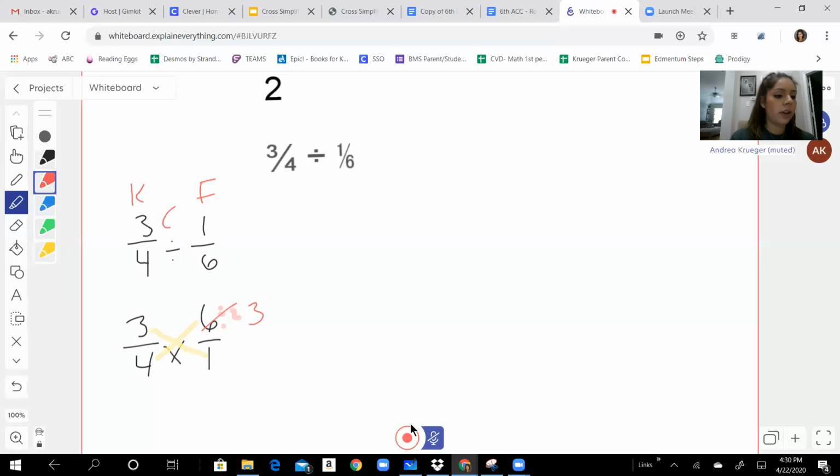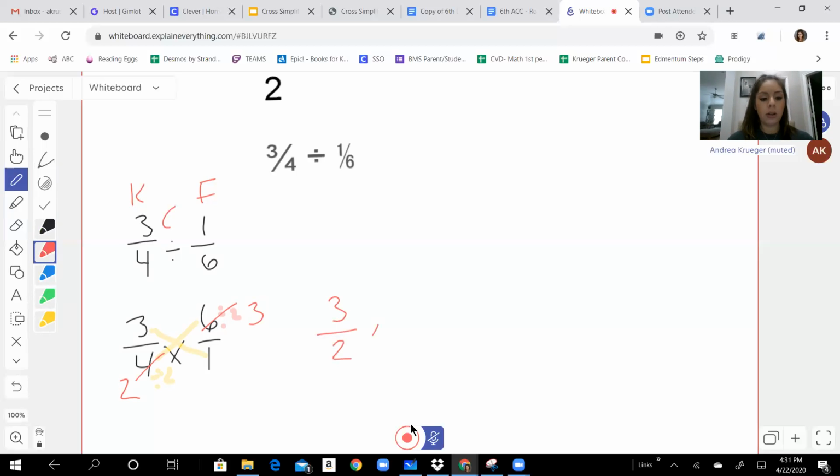And 4 divided by 2 would give me a new number of 2. So when you cross simplify, you get to replace the larger number with the smaller number. So my new problem is 3/2 times 3 over 1.